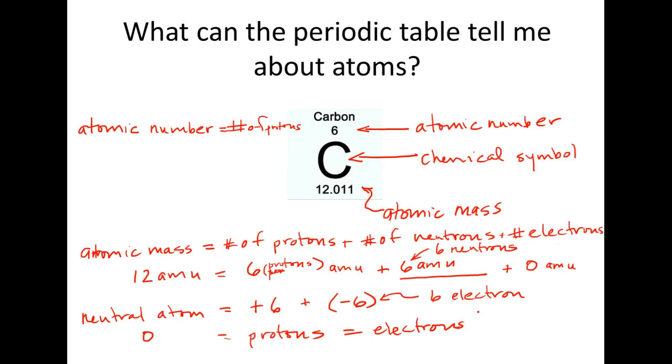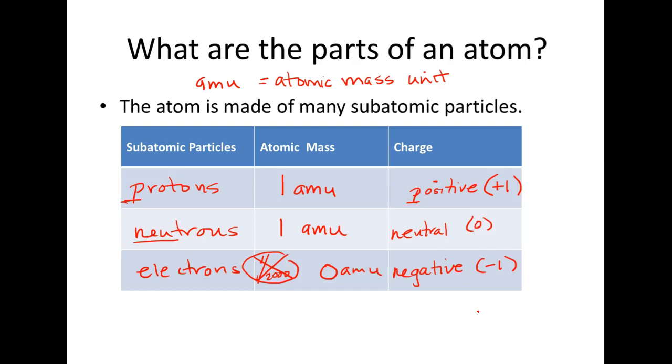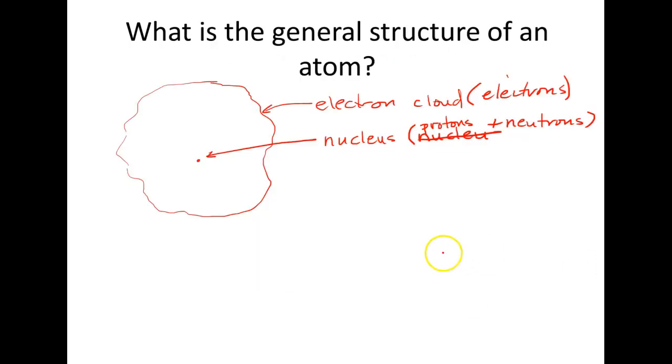So now let's take a look at how we're going to draw something like this. Firstly, let's just revisit this image. In the center, we were told we have protons and neutrons. So we're going to draw the protons as small circles with positive charges.